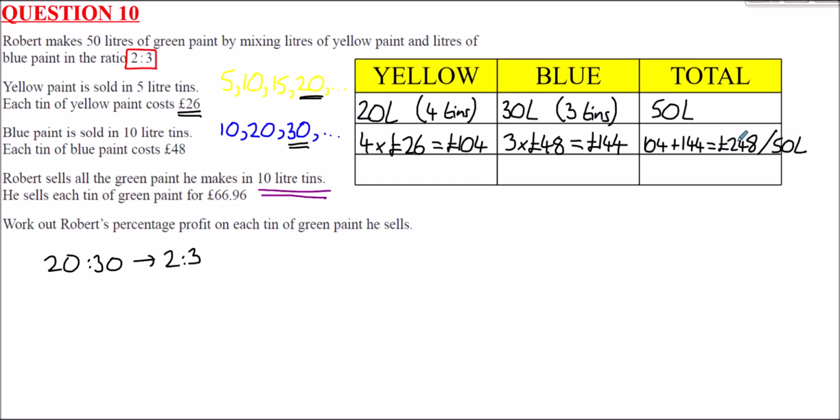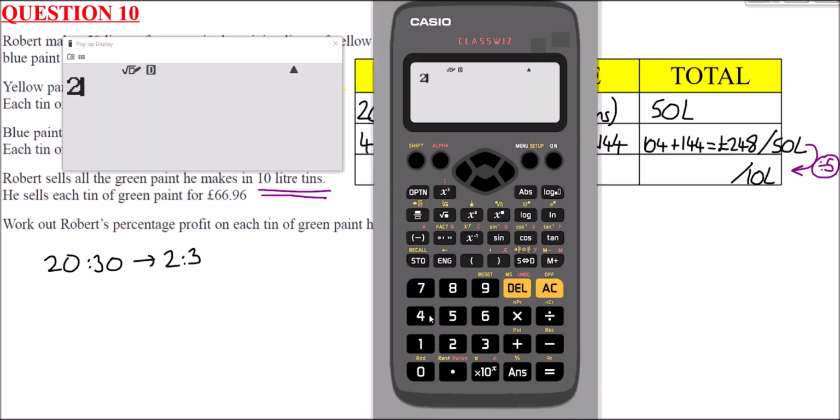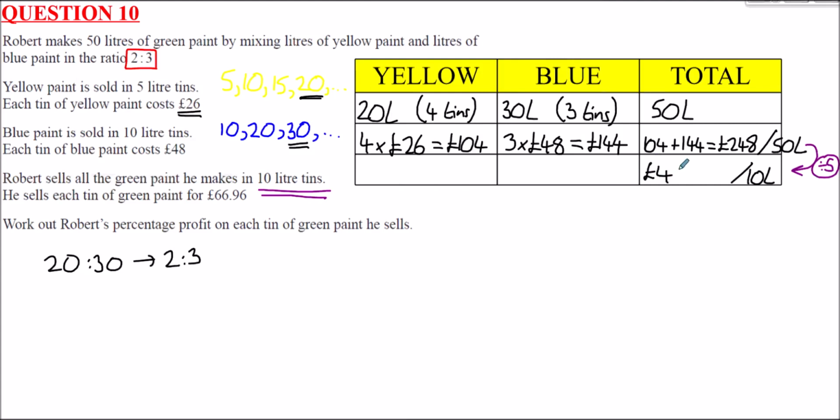So if it costs £248 for him to make 50 litres, we could divide that by 5 to work out the cost it will take him to make just 10 litres of paint he's selling. So per 10 litres, we can do 248 divided by 5. So 248 divided by 5, that gives us 49.6, which is £49.60. So each tin of green will cost him £49.60 to make.